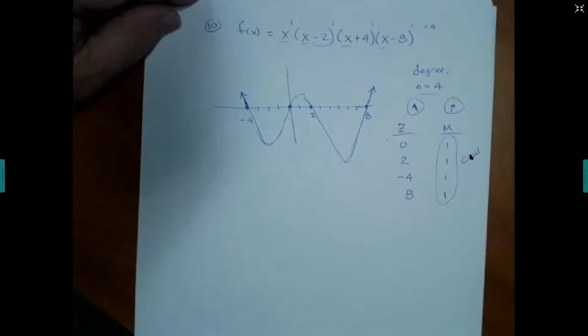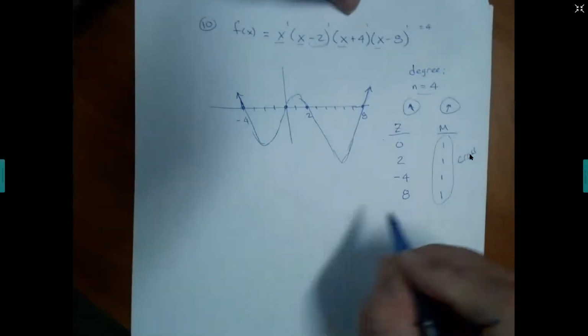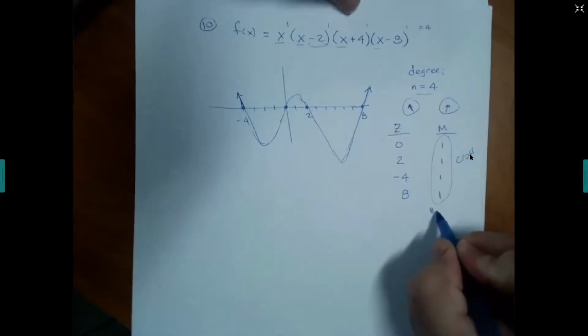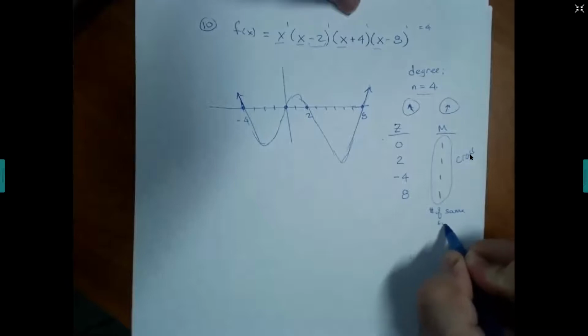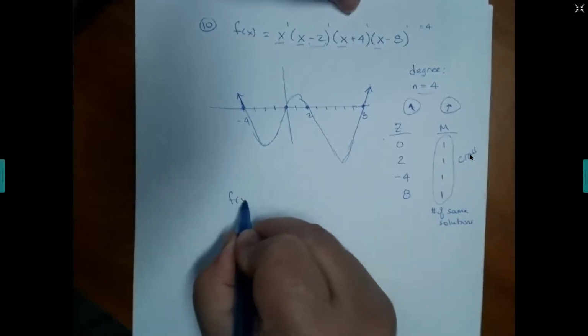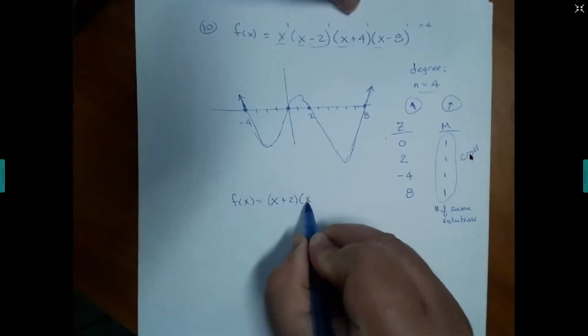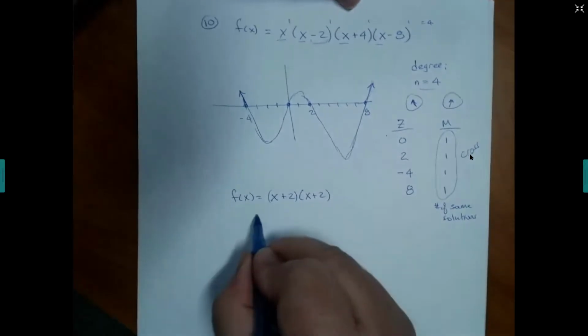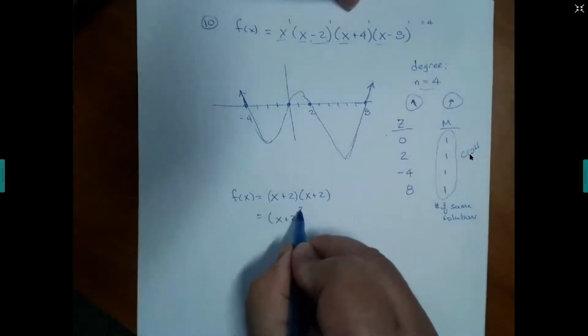What does multiplicity mean again? Good question. Multiplicity tells us the number of same solutions. For example, if I factored out my equation and I got x plus 2 and x plus 2, that's the same as writing x plus 2 squared.